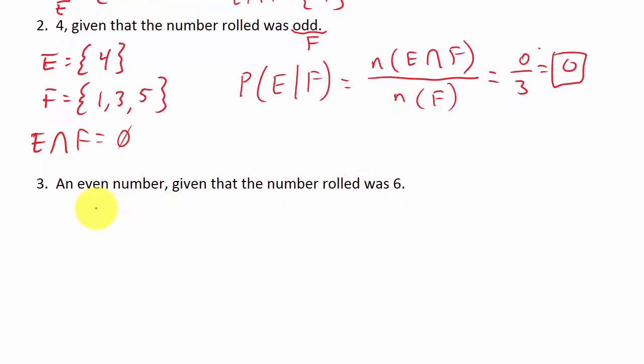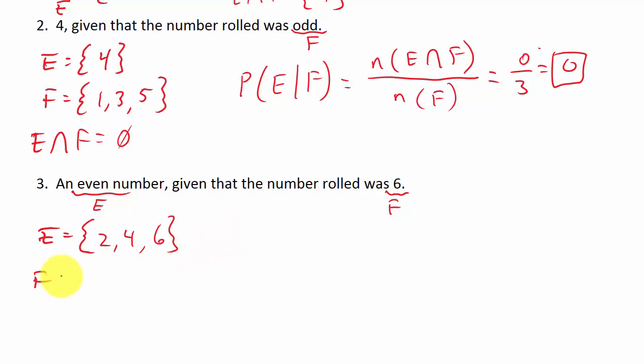Alright, what about this? Probability we get an even number given that the number rolled was 6. Okay, so the even number is going to be E, and 6 is going to be F. So E consists of 2, 4, and 6, that's the even numbers.